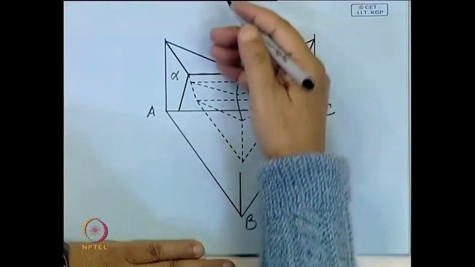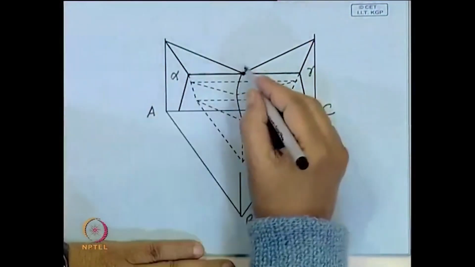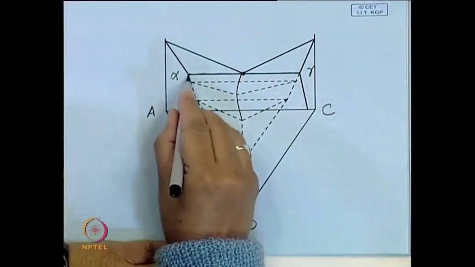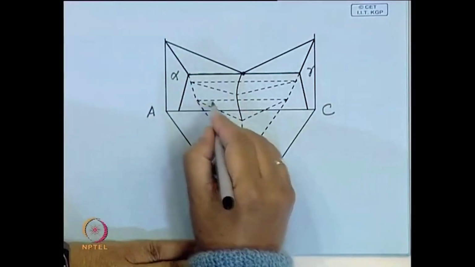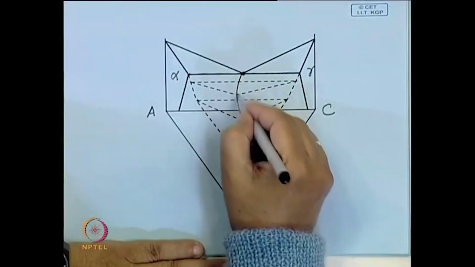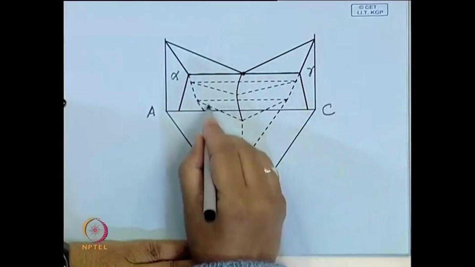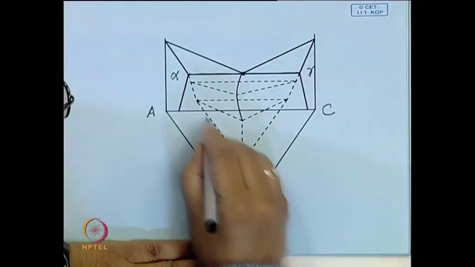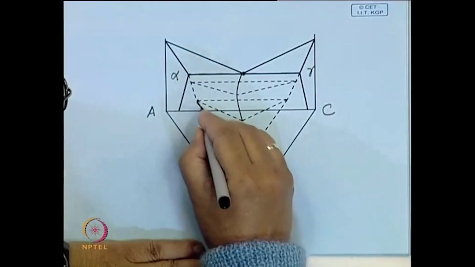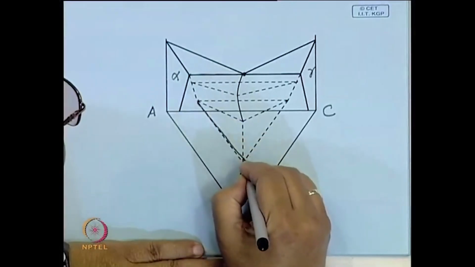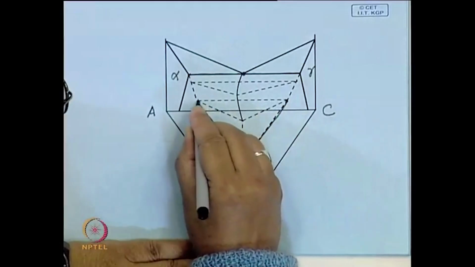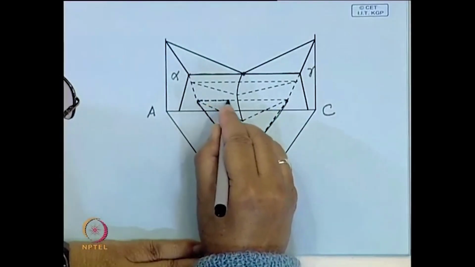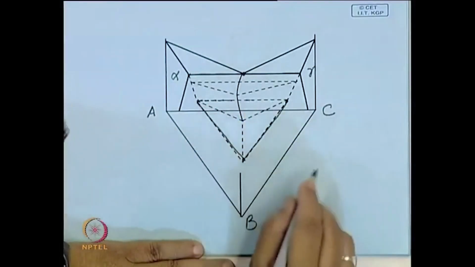Now, when this surface comes down, it builds a curved surface which comes down to that eutectic isotherm. This point represents that eutectic isotherm, this triangle. This I am still drawing as a dotted line, which you won't be able to see.